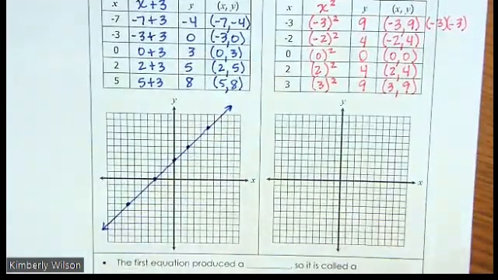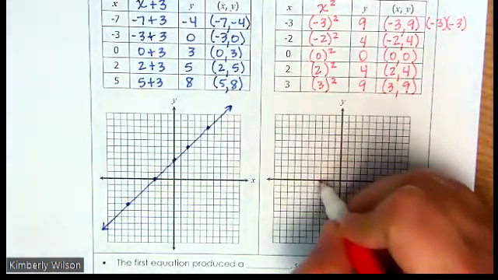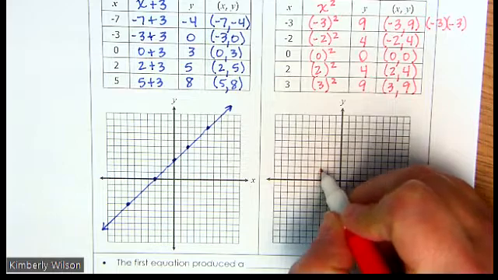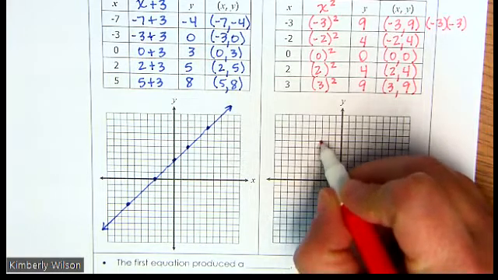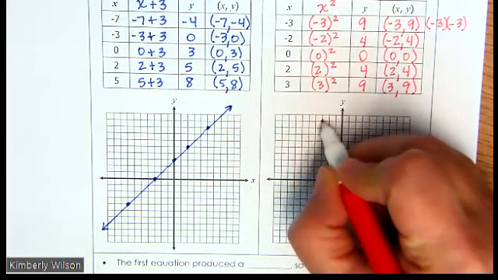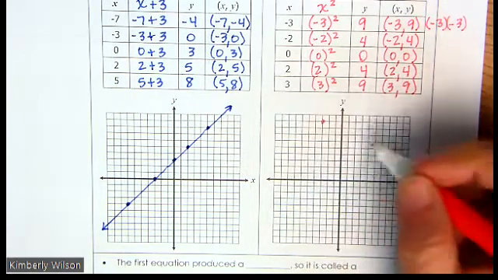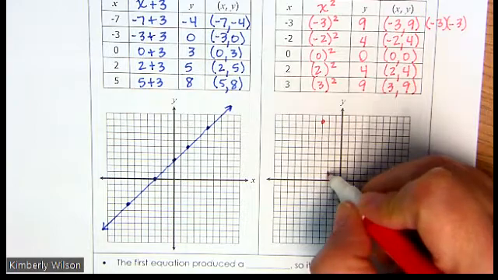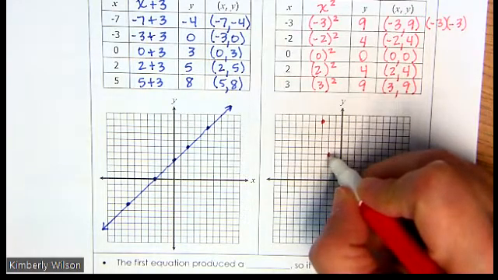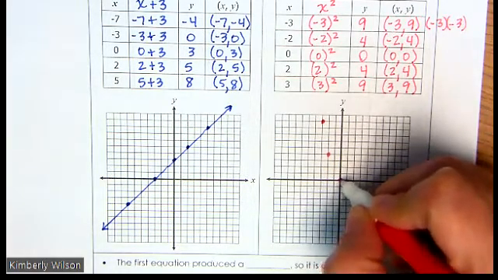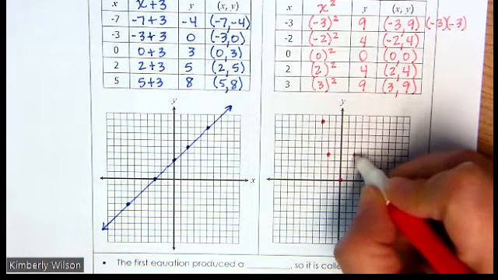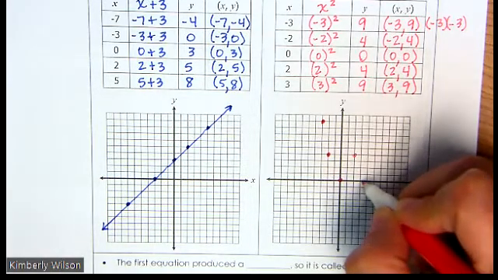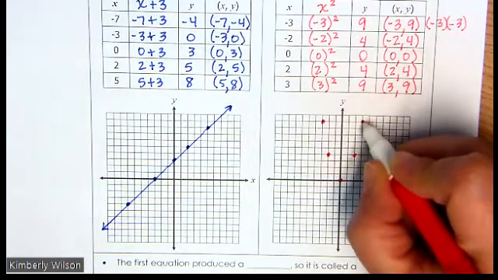Let's see what happens. So I have -3 and 9. So this is 2, 4, 6, 8, 9. And then we have -2, 4. 2, 4. 0, 0. And then 3, 9.